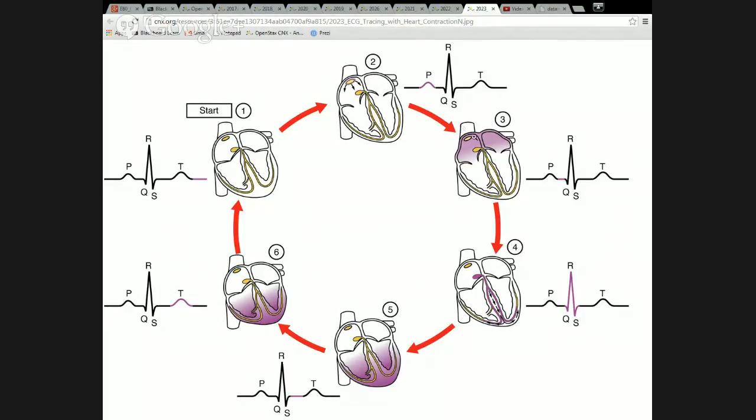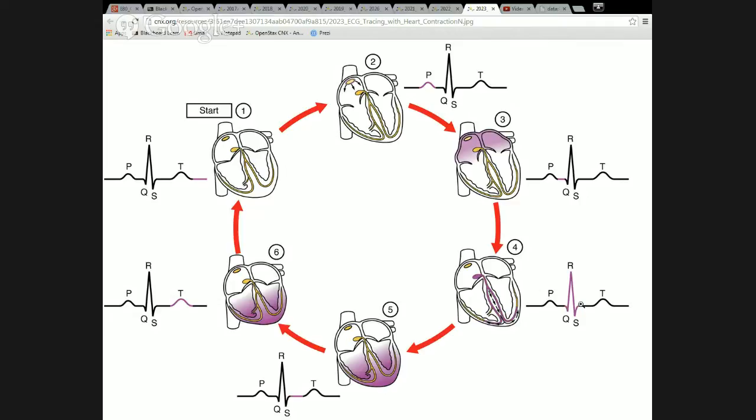That's going to spread through all of the atria from the P wave into the QRS complex, which is what's purple right here. Okay, and then that's going to spread down the atrial septum, the ventricular septum along the AV bundle and the bundle branches to the apex, and then start spreading up left and right.